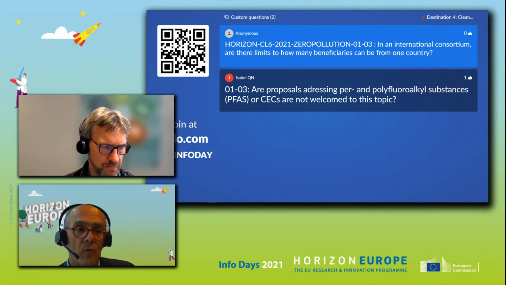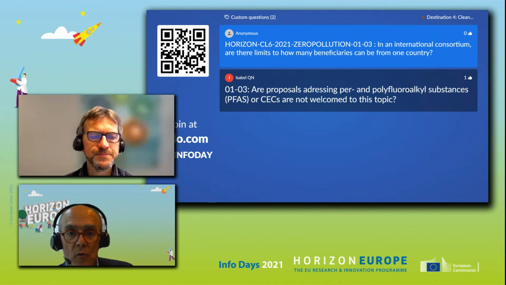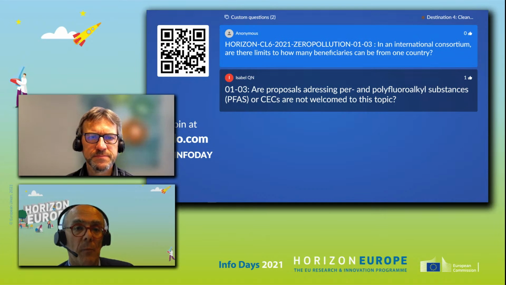I can also reply to this question. No, there are no, let's say, limitations per se in the international consortium, but in any consortium. But of course, what is important is the consortium should be balanced. I think this is very important in general in all proposals. And of course, the participations should also be complementary.